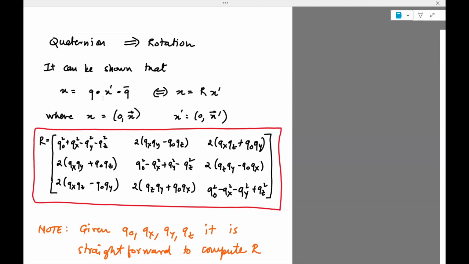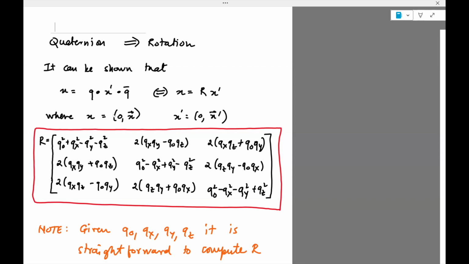You can show that this is true: x here is a vector, so it'll have a 0 constant part. You can derive that expression by putting in that value and then using the axis angle to show it. I will skip that, but remember that rotation in the quaternion world is q x bar q conjugate.